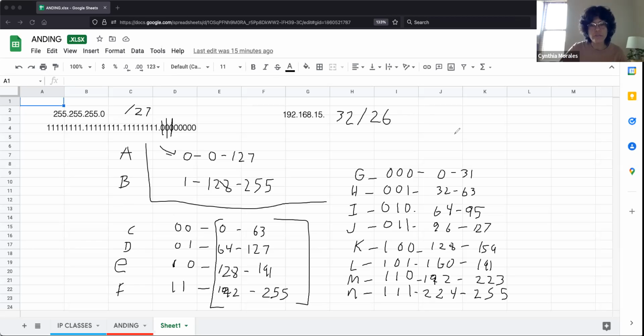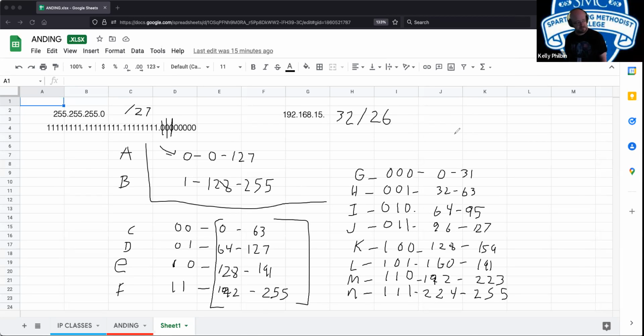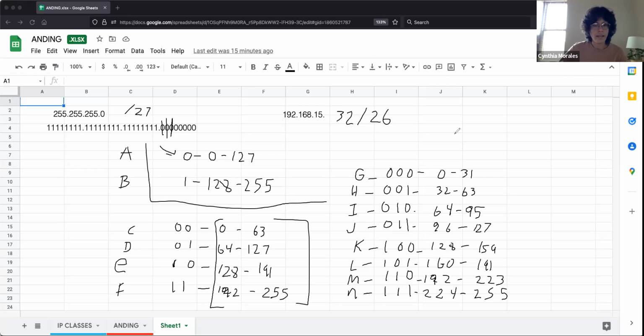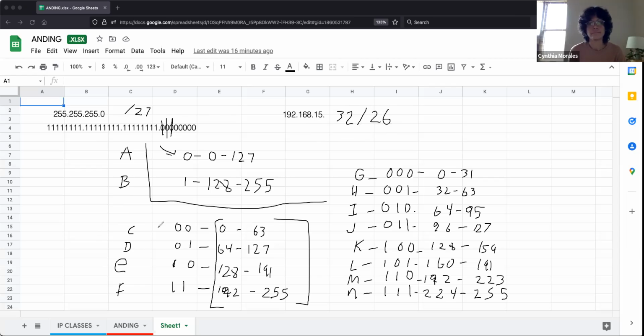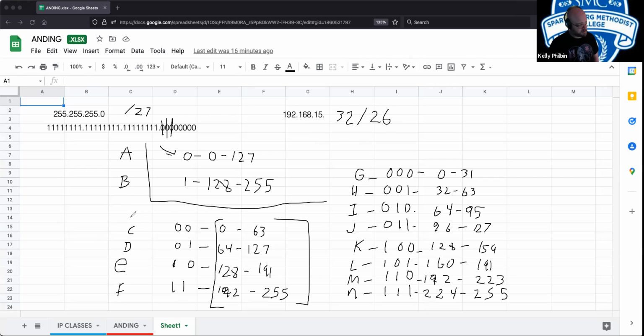If you see that the 32 is a host ID and the subnet mask is /26, looking at A all the way through N, it actually falls under C, from 0 through 63. Because /26 gives us the 4 networks, because that's the 2 bits. So it was a 32, so it fell in right here.